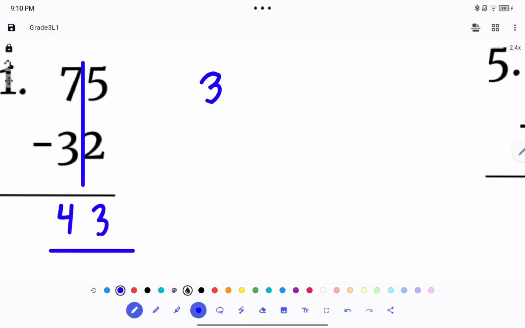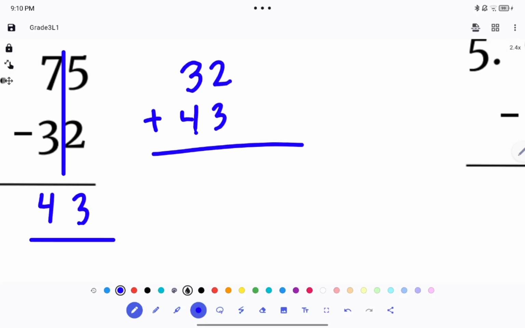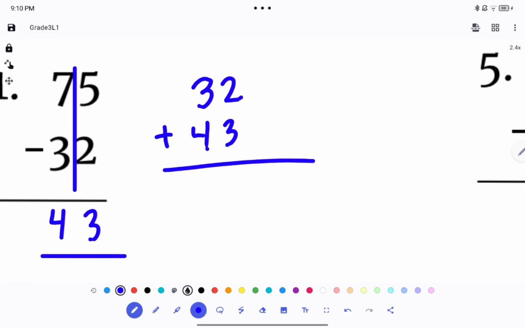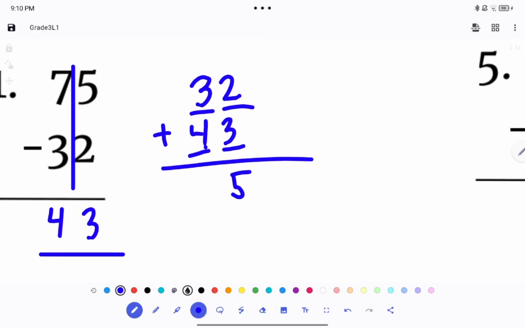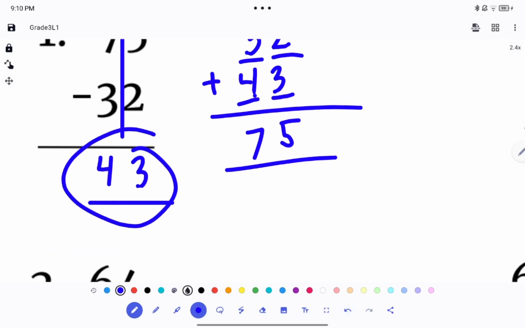So we do 32 plus 43. So we get 2 plus 3 is equal to 5, and we get that 3 plus 4 is equal to 7. So we get 75, which is just like our original number that we subtracted from. So with this, we can find that 43 is most likely correct.